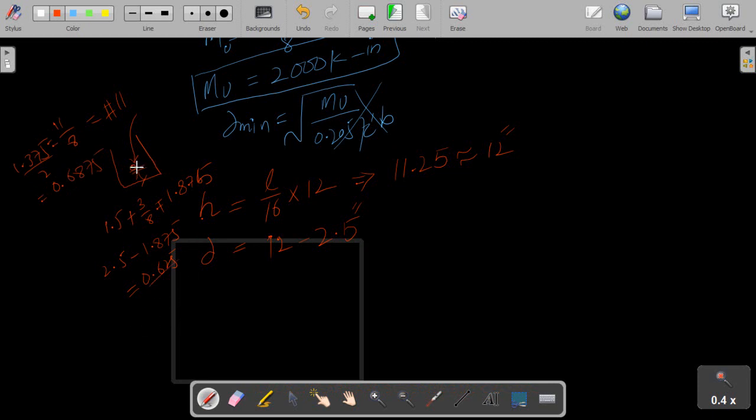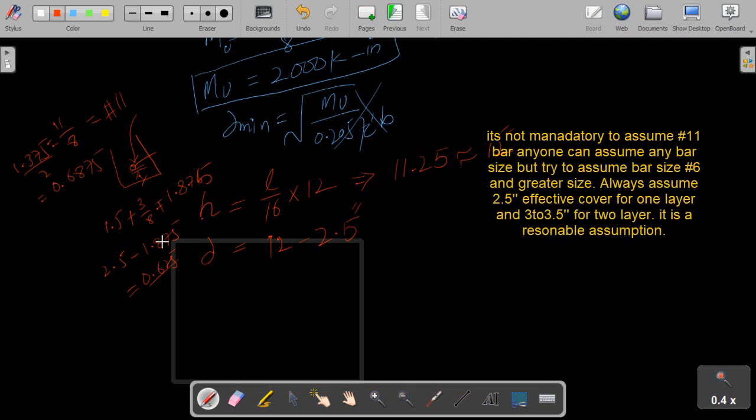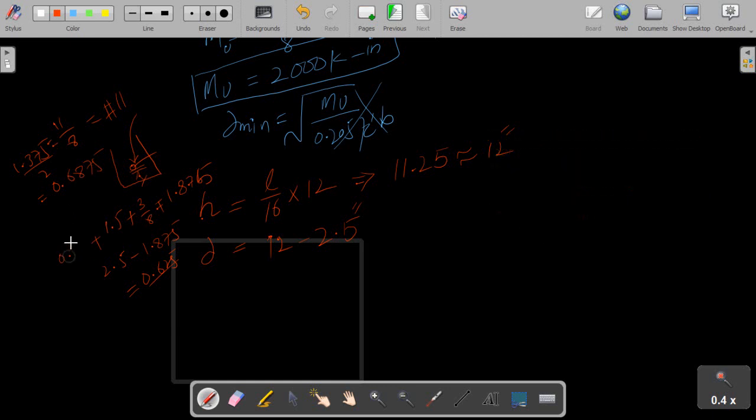So the effective cover is to the center of this bar, right? So this is 1.5 inch plus this half, that is 0.687 or 0.625, so it will give me 2.5 inches, right? So that's why I'm supposing that I'm using number 11 bar, and I'm choosing 2.5 inch effective cover.